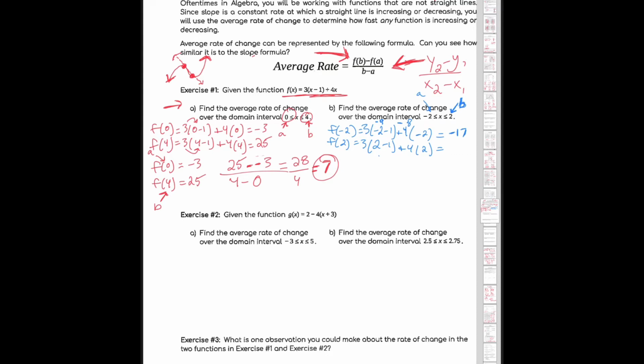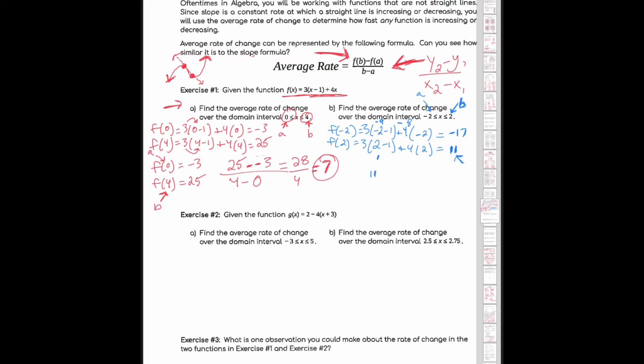F of 2 would be 3 times 1, which is 3, plus 4 times 2, which is 8. 3 plus 8 gives us 11. Let's go ahead here and solve. So f of b, which was f of 2, is 11.